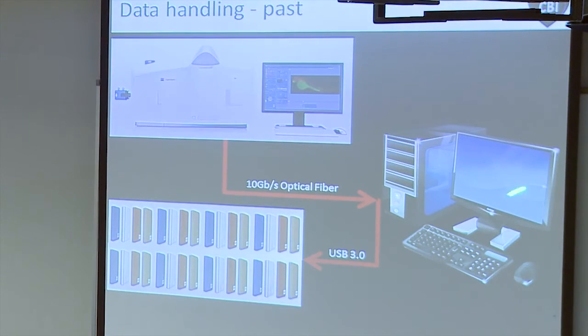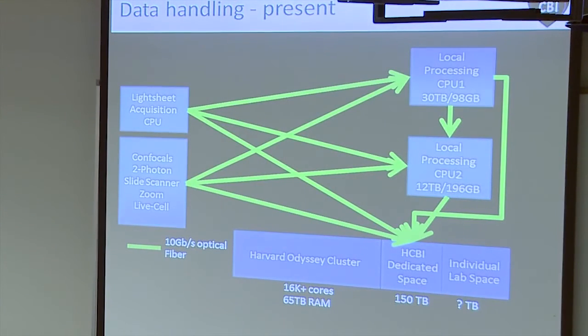And from there, what we were doing was just dumping all of this data onto a whole bunch of external hard drives. There was actually one lab that ordered 150 of these in bulk, and they still have a filing cabinet sitting in the lab full of these with basically 1 or 2 data sets on each hard drive. So we muddled our way through that for a little while and then decided that maybe wasn't the best situation.